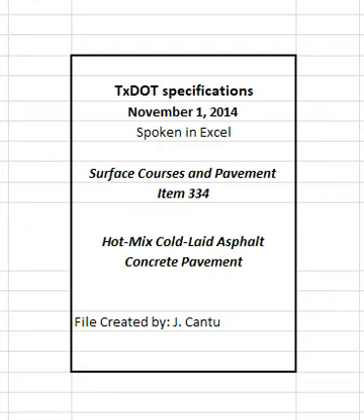The job mix formula, JMF, is the combined aggregate gradation and target asphalt percentage used to establish target values for mixture production. JMF1 is the original laboratory mixture design used to produce the trial batch. The engineer will verify JMF1 based on plant-produced mixture from the trial batch unless otherwise approved.